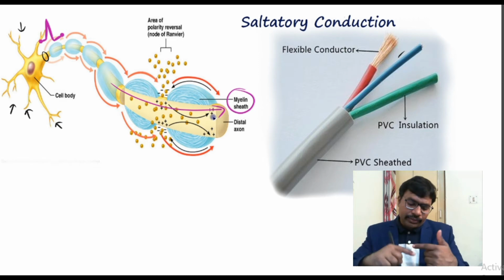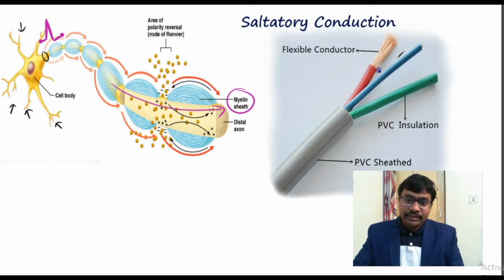It lays down layer after layer and wraps around, forming a very thick insulator, just like what you're looking at here with this electrical wire. This is a very thick insulator, which prevents the leakage of current from the electric wire. That is exactly how the myelin sheath acts on the neuron.